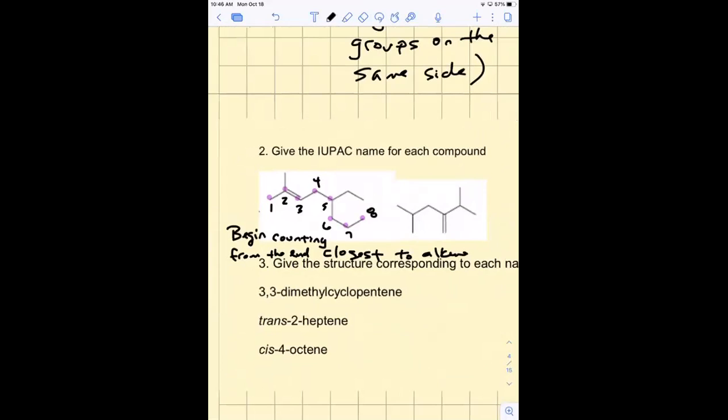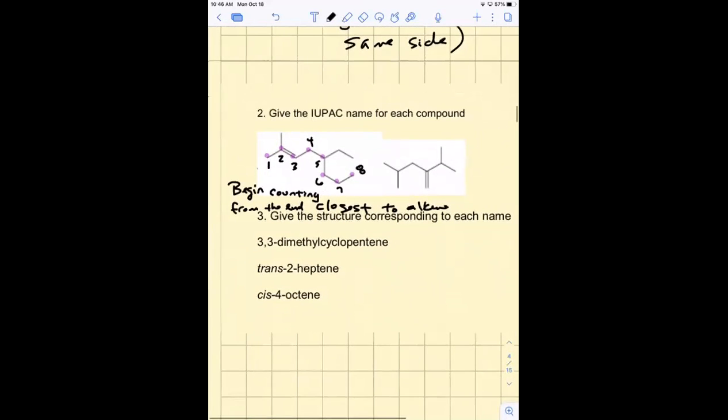And how many carbons do we have again? 8 carbons. What's the parent going to be? Octane.